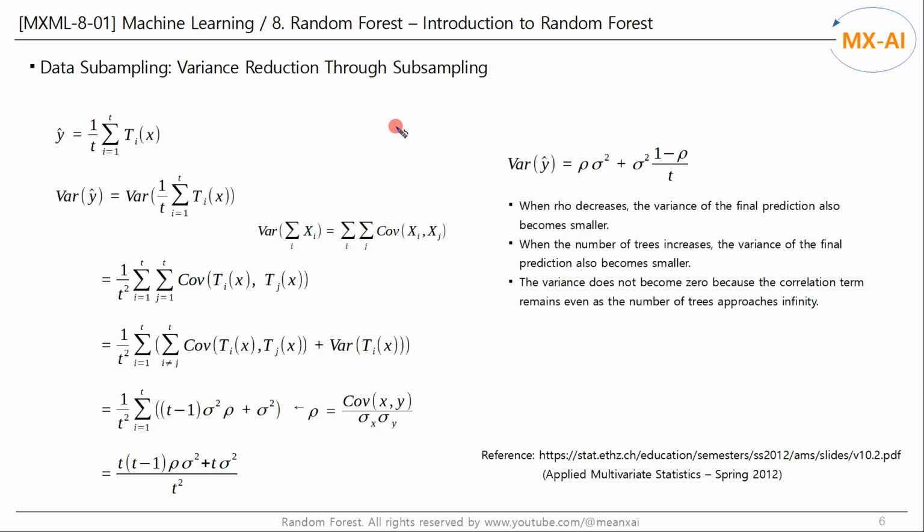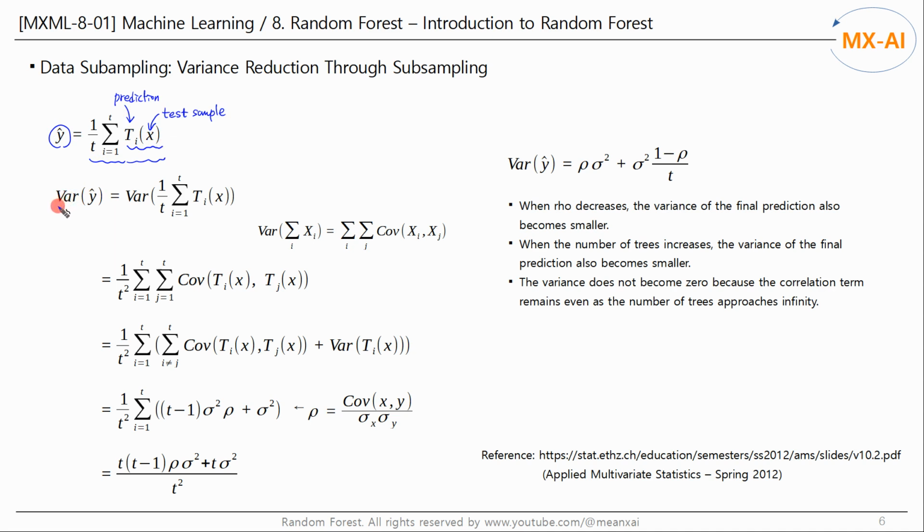Next, let's look at the math behind why data sampling reduces prediction variance. For regression problems, the final prediction is obtained by averaging the outputs of all trees. Here, x represents a test sample. The prediction of the ith tree is denoted by T_i of x.